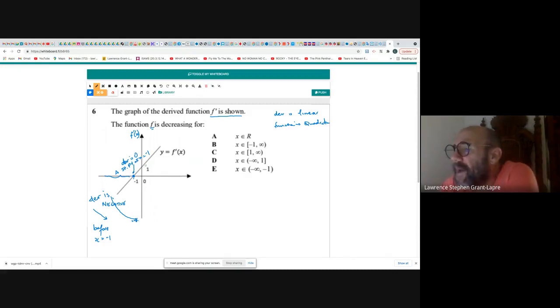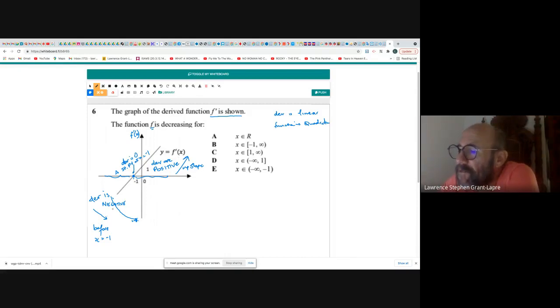And then notice positive values. It's above the x-axis after -1. So here that means the derivatives are positive after x equals -1. Positive derivatives mean upslopes. An upslope is a positive derivative, which means the function is increasing.